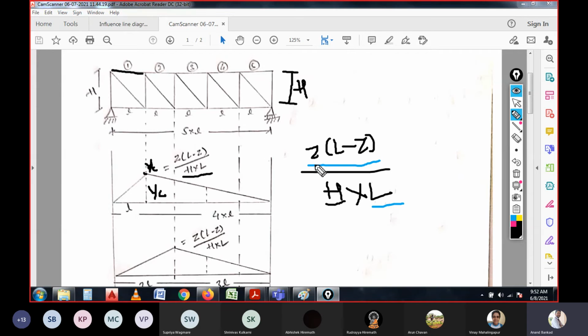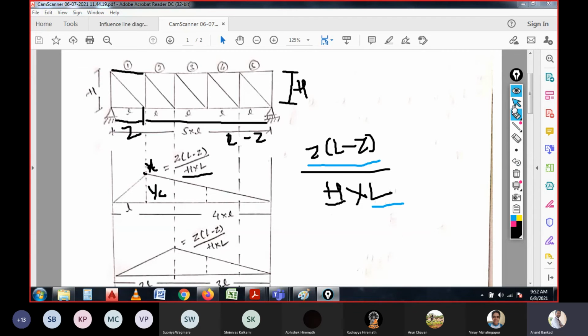So here the Z value will be this one. That means the section at which you are calculating will give the Z value, and the remaining will be L minus Z. So this is Z and this is L minus Z.